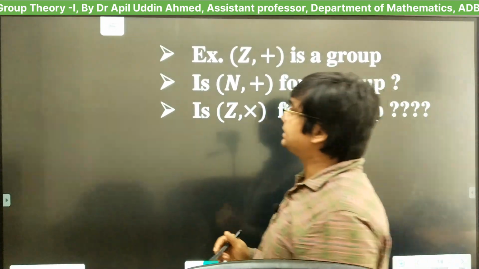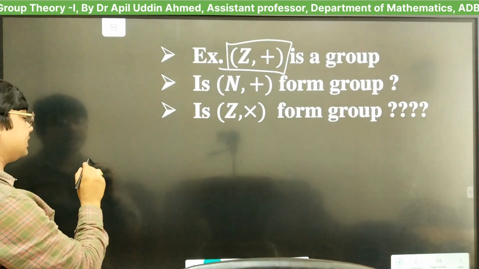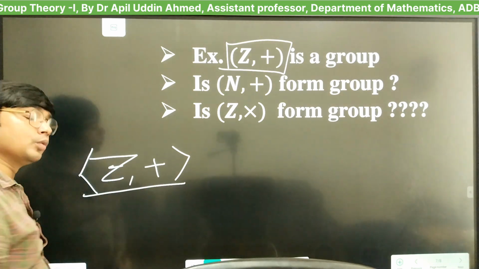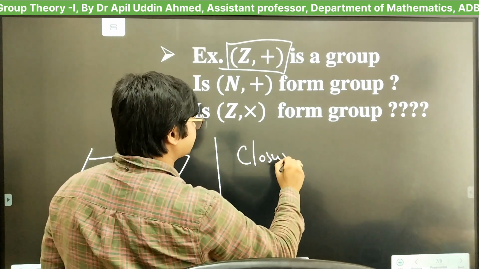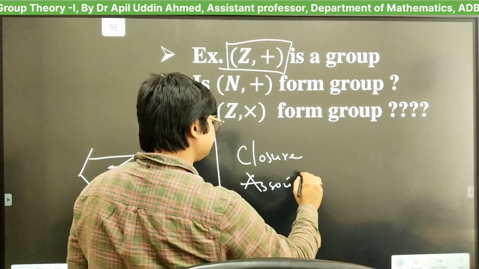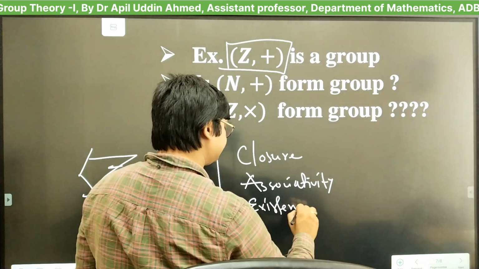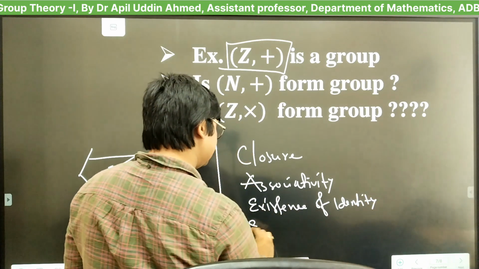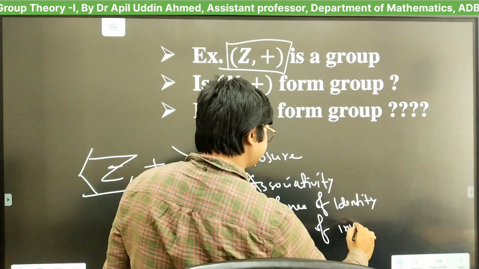For example, consider the set of integers with respect to plus. The question is, does this form a group? Yes. Why? First of all we need to show closure, then associativity, then existence of identity, and then existence of inverse.